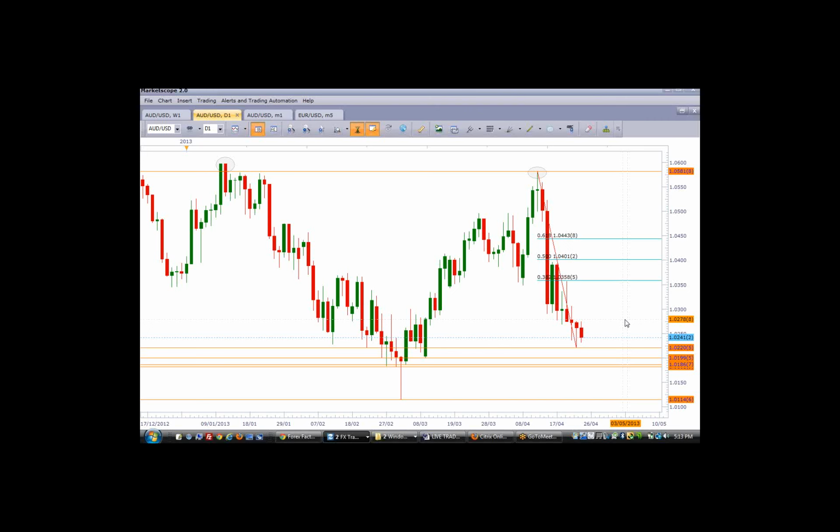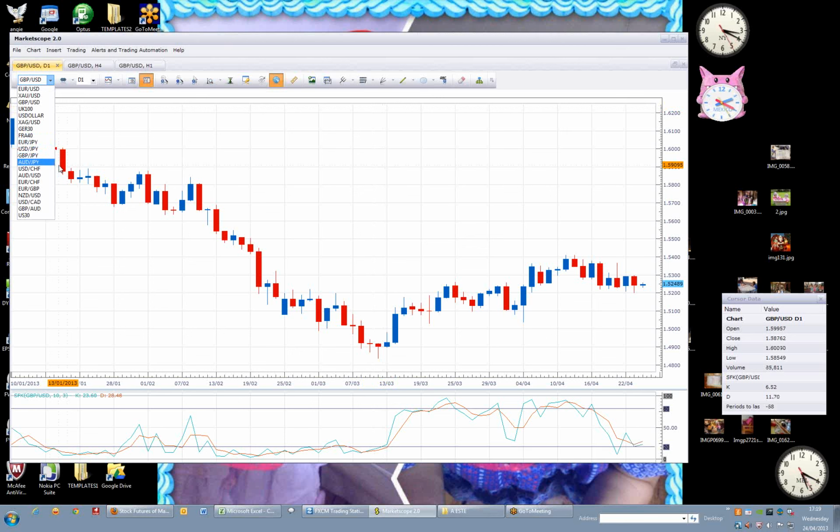Oh, wrong one, sorry, wrong note. US dollar Swiss, this on the daily. If the second candle is a doji, that's a potential M2 there. We'll have to confirm with the third candle.